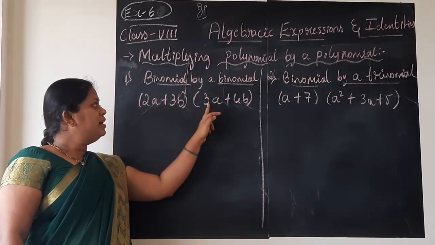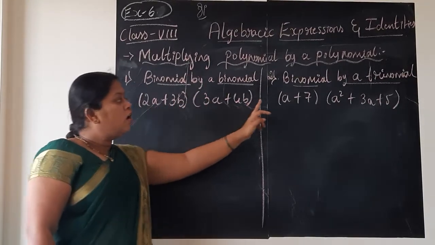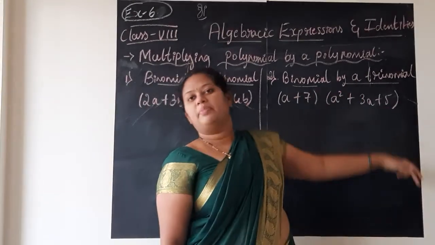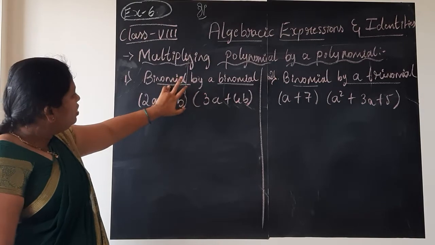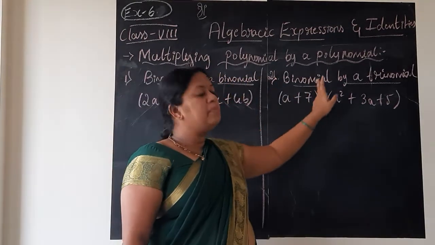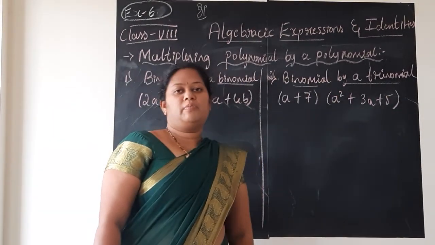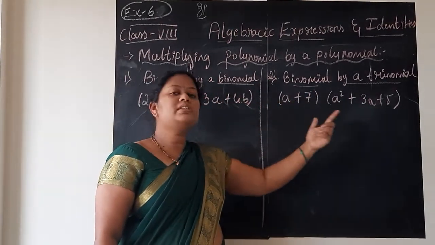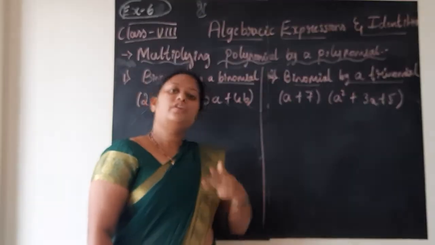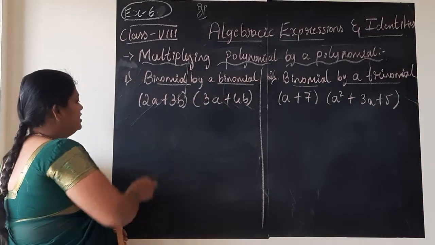So we used to multiply that single term individually with all the terms inside the bracket. Yes, no? Here we are multiplying binomial with binomial and binomial with a trinomial. In that case, we have two terms in the first bracket. The first term is a binomial which consists of two terms. In that case, how to solve?